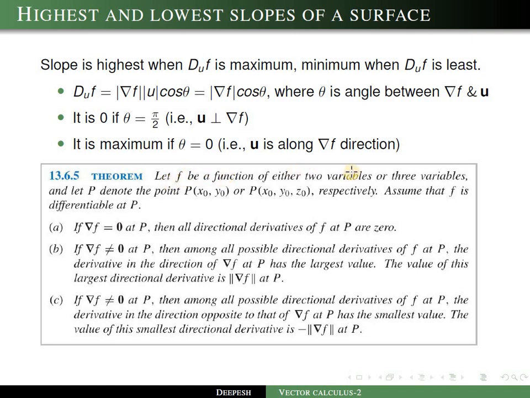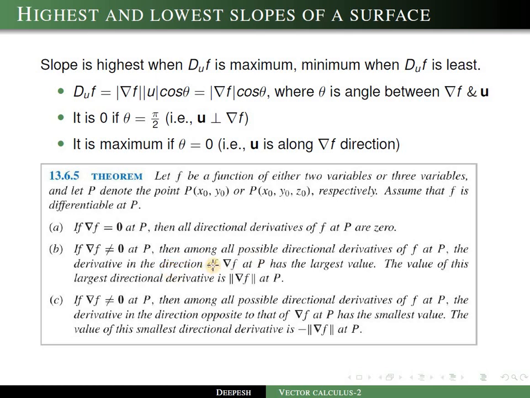So let f be a function of 2 variables or 3 variables, and you take a fixed point x0, y0, and suppose that the function is differentiable. Then if del f is equal to 0, then all the directional derivatives are 0. Del f equal to 0 means the zero vector, and all the partial derivatives fx, fy, fz are becoming 0. If del f is not equal to 0, then you can talk about the maximum slope and minimum slope.